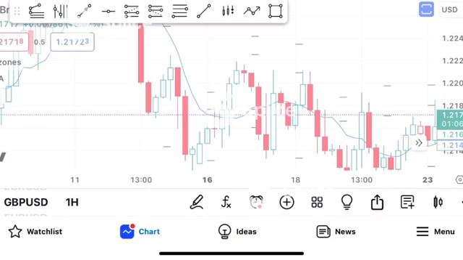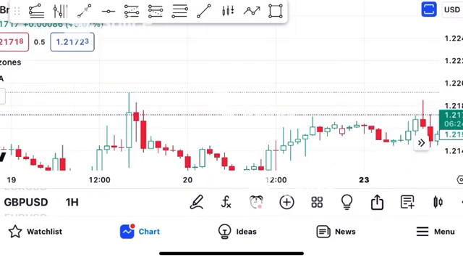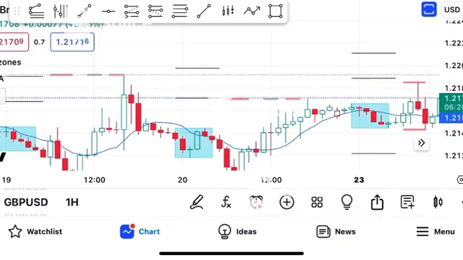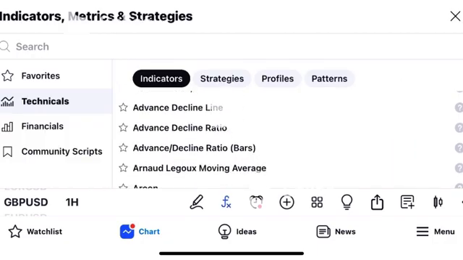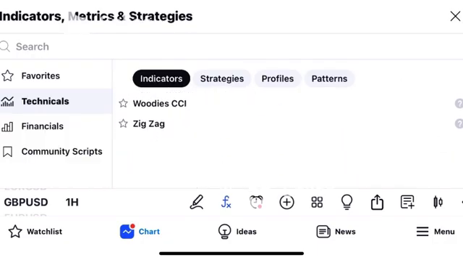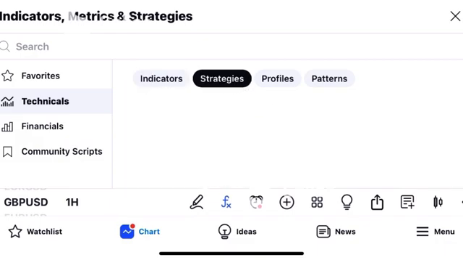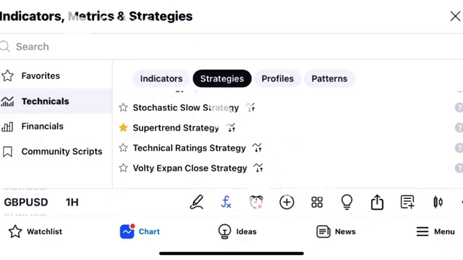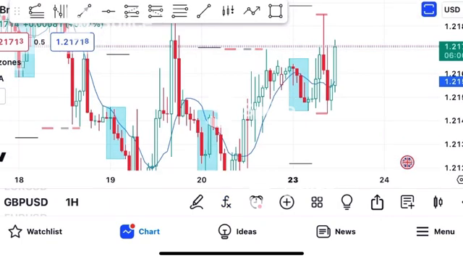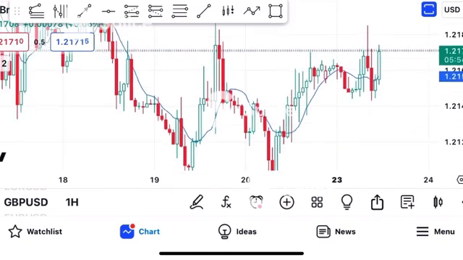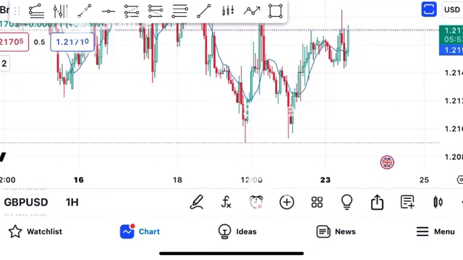You can use your RSI, your moving averages, your Stochastic Oscillator, different indicators. There are so many indicators available in the TradingView app, and you can subscribe to the premium ones and check out the strategy indicators too. Don't rely on just one indicator, because one indicator can disappoint you in the market, but combining it with other indicators will yield you more results.